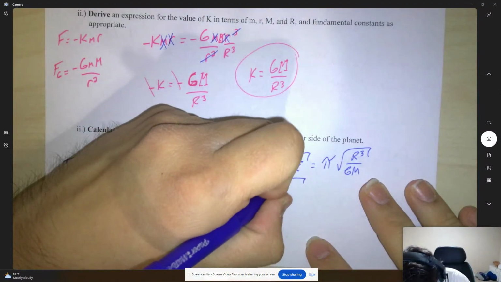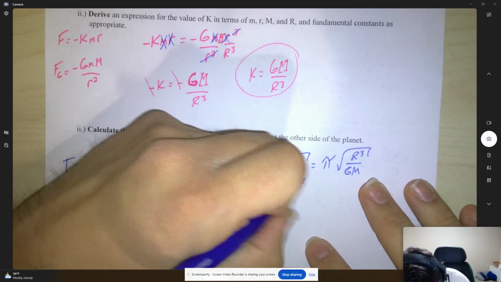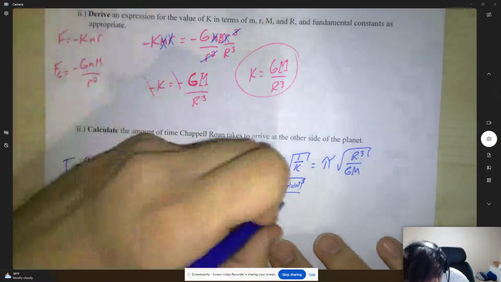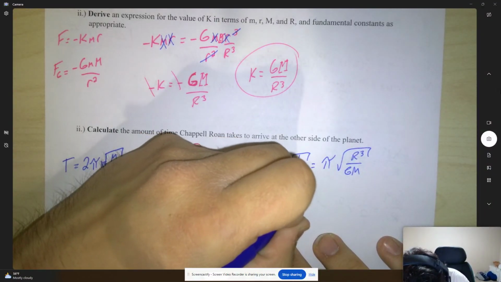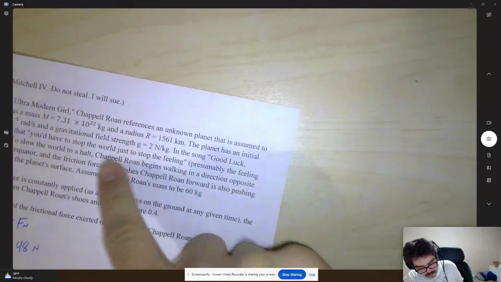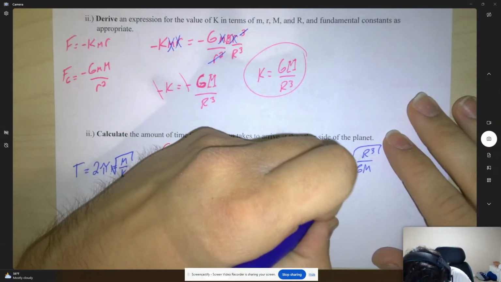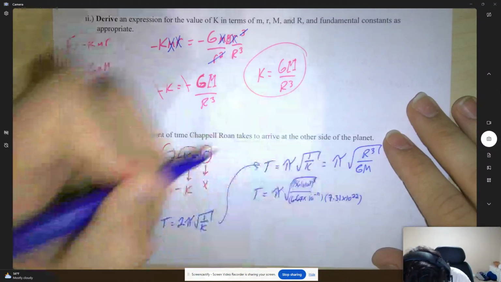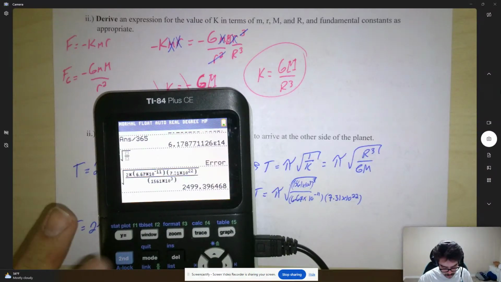So 1561 times 10 to the third, that whole thing has to be cubed, over G, which is 6.67 times 10 to the negative 11, and the mass of the planet is like 7 point something, 7.31 times 10 to the 22. Okay, I'm not going to have room to write it all out, but if you actually wanted to figure out the numerical value of it, we can do that.